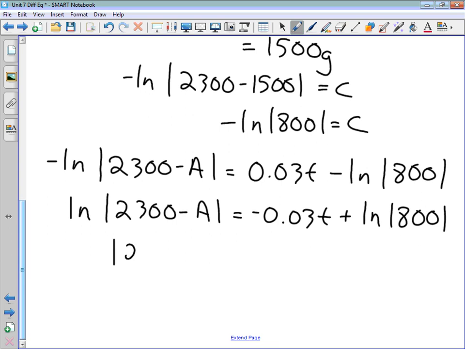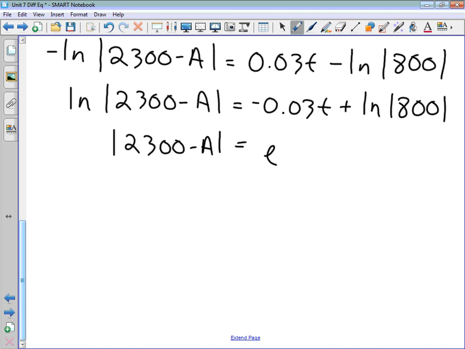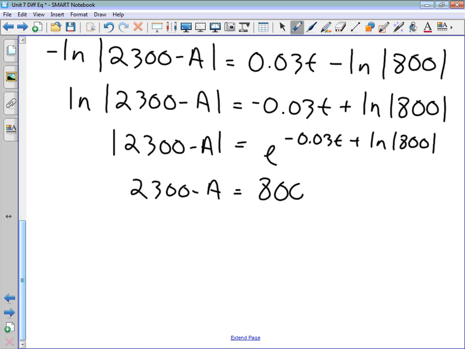So that'll get rid of the ln on this side. And this side over here will be e to the negative 0.03 t plus ln 800. So removing the absolute values here, we're going to get 2,300 minus A equals, and the e and the ln are going to kind of cancel each other out, and we're going to get 800 e to the negative 0.03 t.